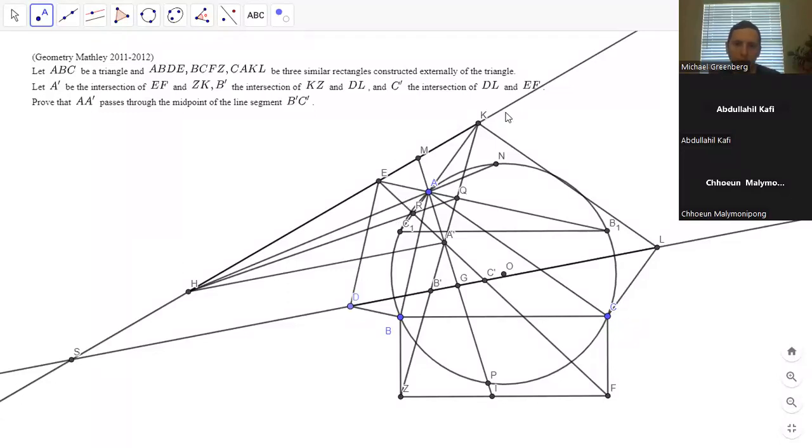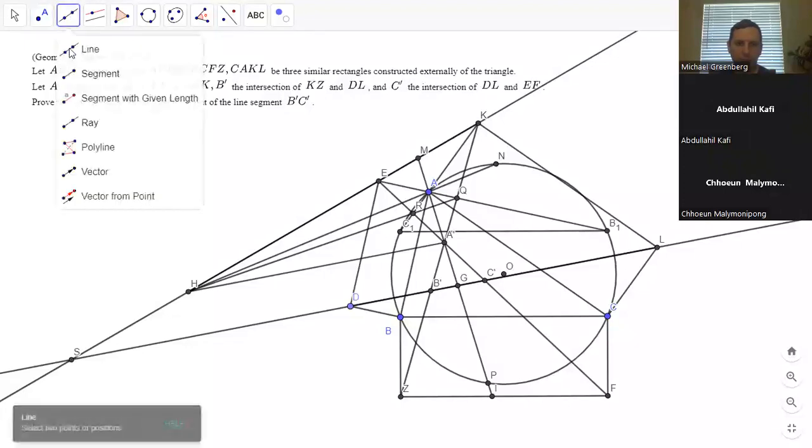So HE over HK times KQ over QA times AR over RE equals 1. Or A prime R over RE equals 1. I think how that could show these are parallel.